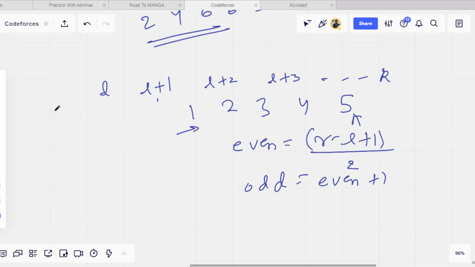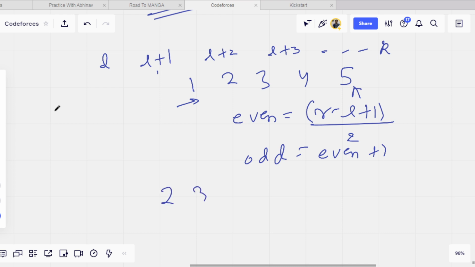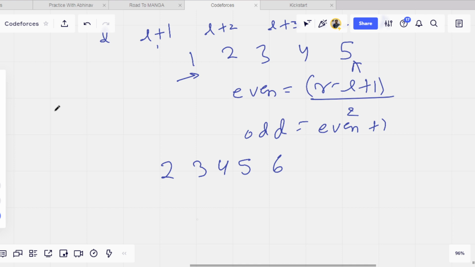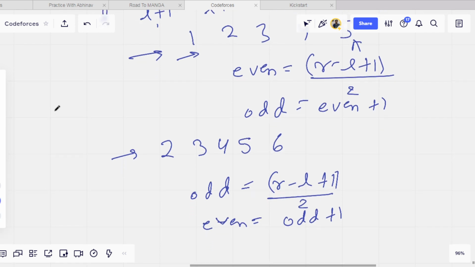If L and R are both even, then the even numbers are 1 more than the odd numbers, and the odd numbers are (R minus L) by 2. This is the first case, this is the second case. This is how we are finding even or odd numbers.